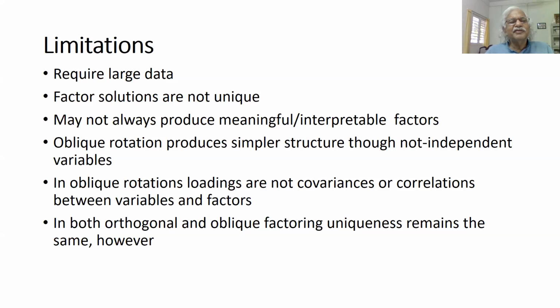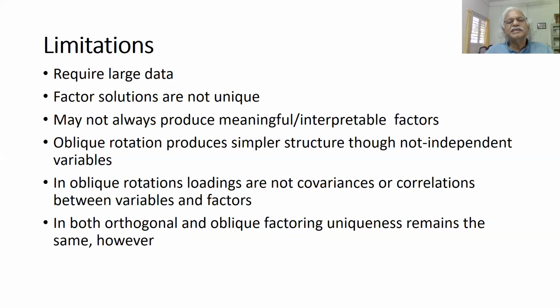A limitation of factor analysis is that it may not always produce meaningful or interpretable results or factors. Then your efforts are just wasted. Don't be disheartened. If you are using a more advanced technique, it does not mean that you will get better results. You're trying, but your exercise may fail.